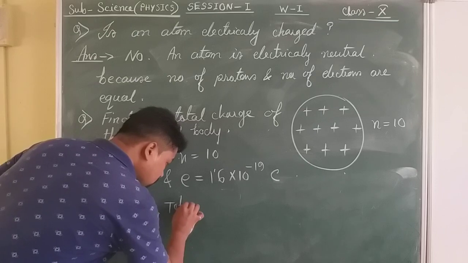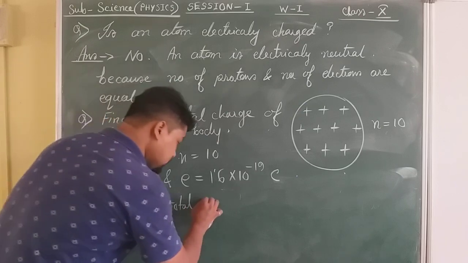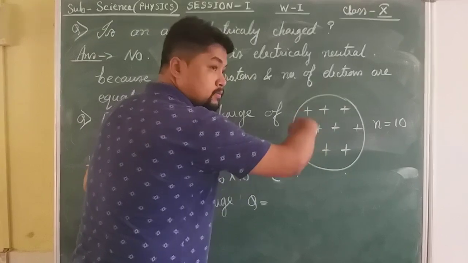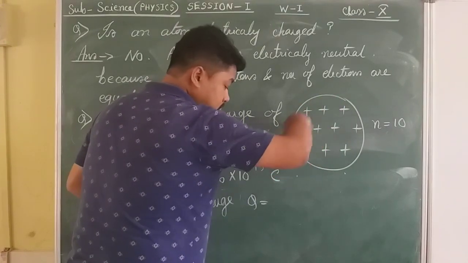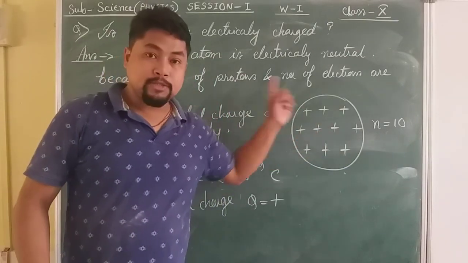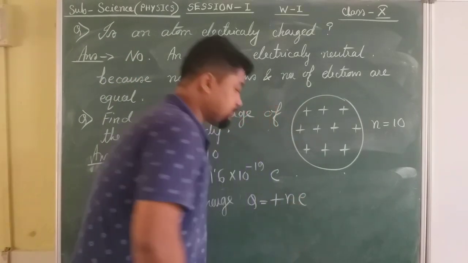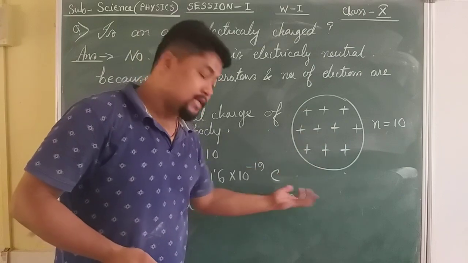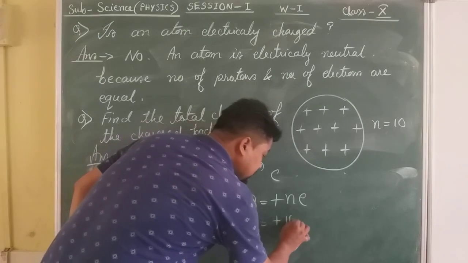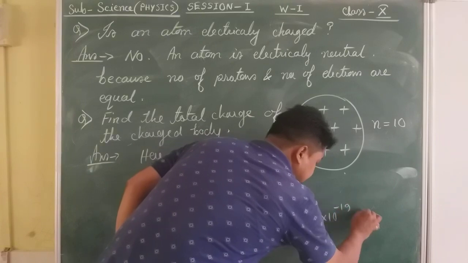Therefore, from the mathematical statement of quantization of charge, total charge Q is equal to, here, the body contains positive charge, therefore plus n into e. If the body contains negative charge, then minus n into e. Right? So n is equal to 10, and e is 1.6 into 10 to the power minus 19 coulomb.